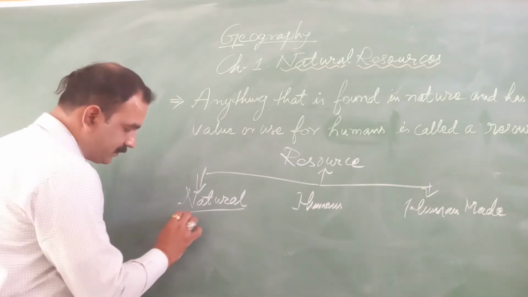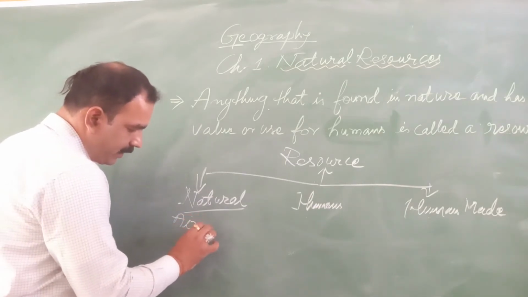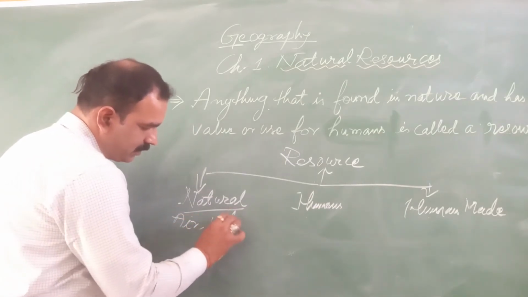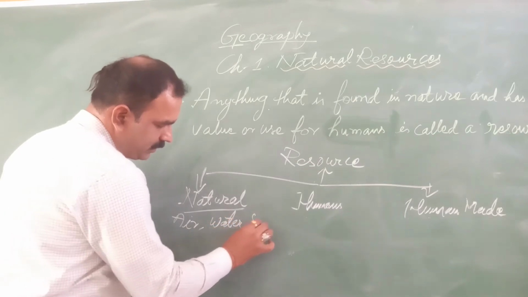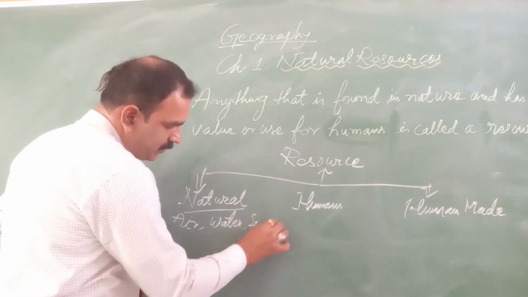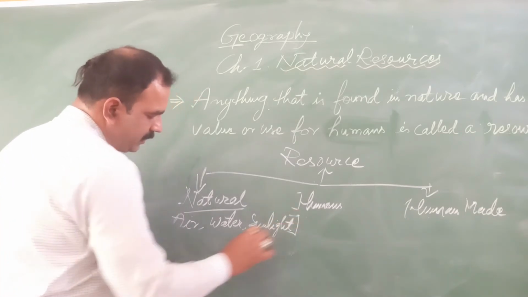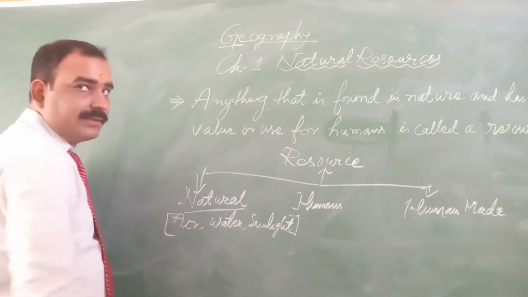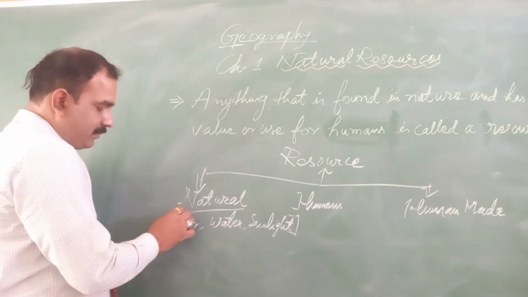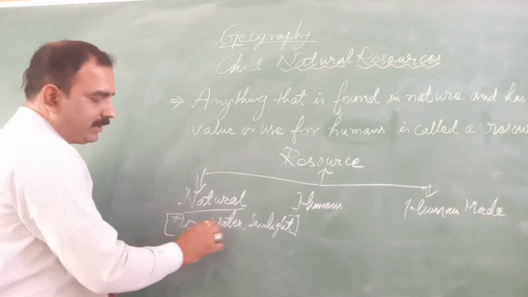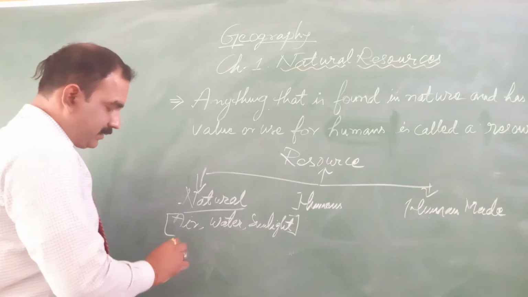What are these? Air, water, sunlight. These are the resources which we get naturally and which play a vital role in supporting life on the planet Earth.